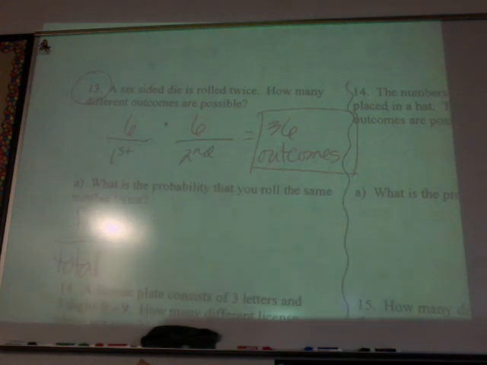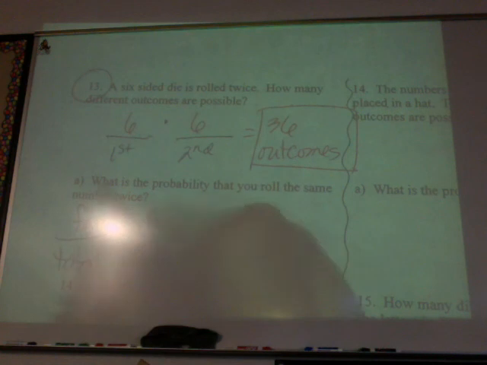So could I roll a 1 and then a 1? So that's 1 favorable. And a 2 and a 2? 3 and a 3? 4 and a 4? 5 and a 5? And a 6 and a 6. How many total is that? 6. So I would have 6 out of how many total possibilities? 36. Does that reduce?